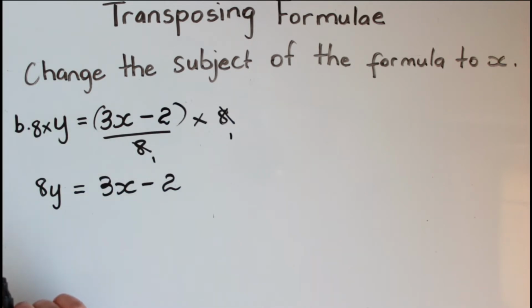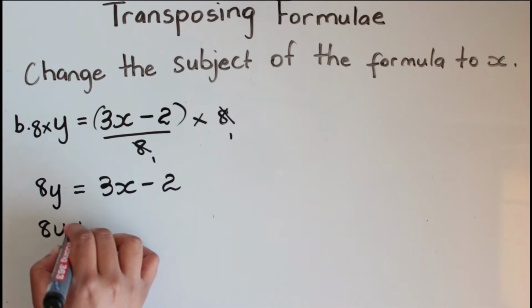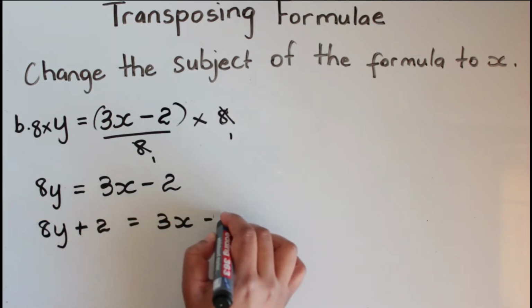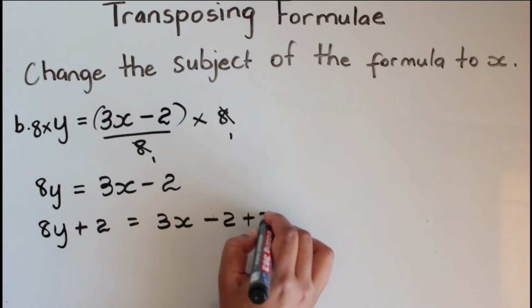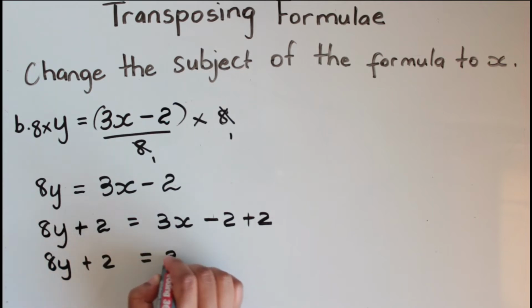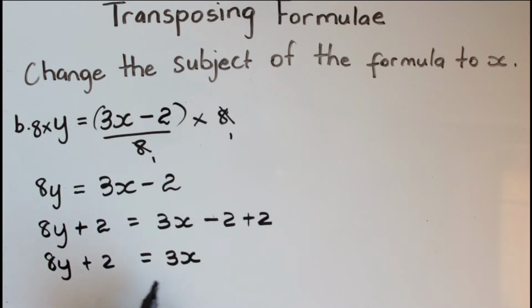So I need to do the opposite operation, which is to add 2 to both sides. So I do 8y plus 2 equals 3x minus 2 plus 2, and minus 2 plus 2 gives me 0. And then now I have 8y plus 2 equals 3x.